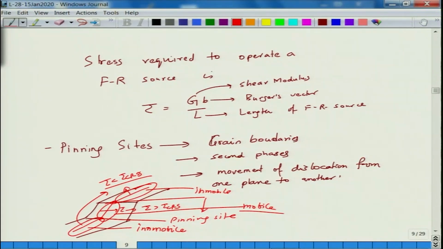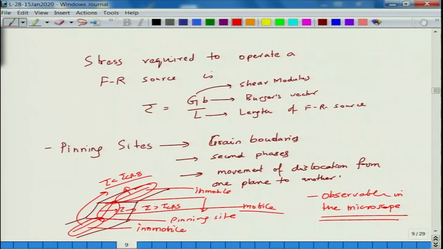So, essentially this is what it is going to do when you apply shear stress, when you have pinning sites like grain boundaries, second phases and crisscrossing of dislocations across various planes, and this is something that you can observe in the microscope. So, we will dwell upon this further.